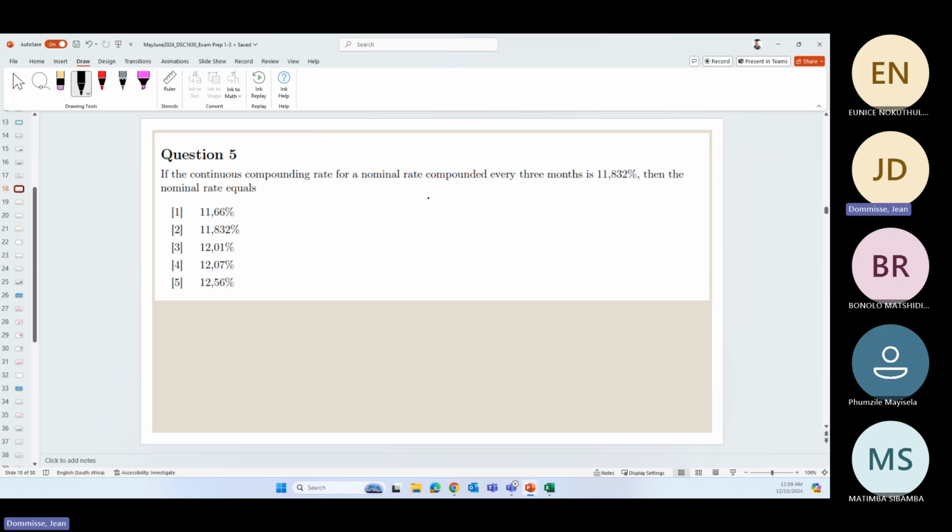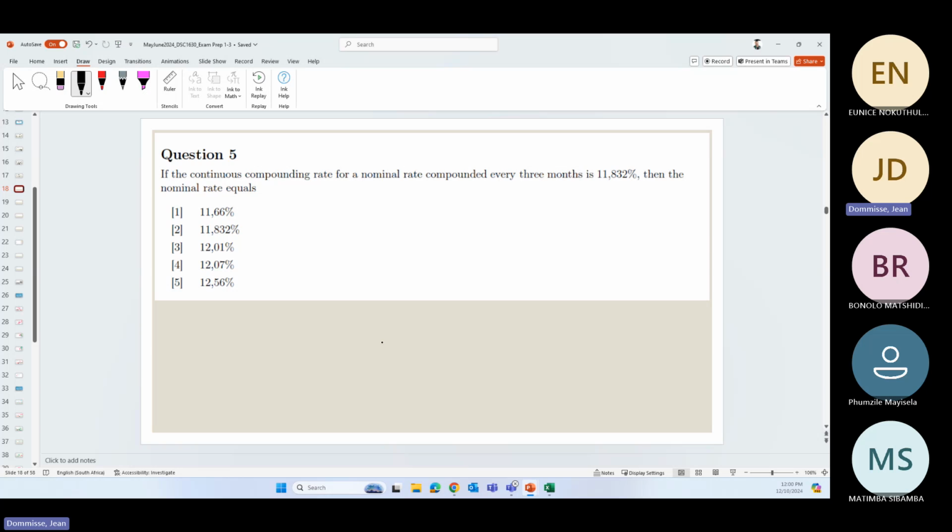Okay, so also what they love to ask is changing rates. So it can be from continuous compounding, it can be from monthly to yearly or monthly to quarterly.